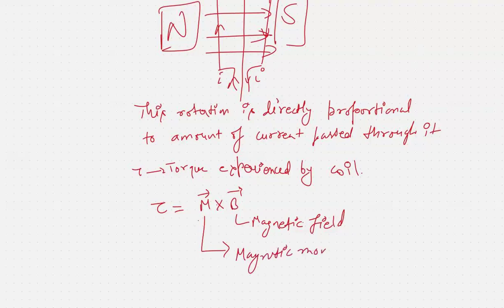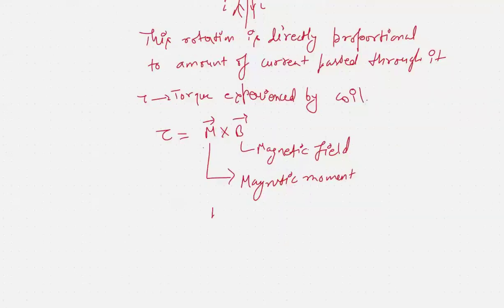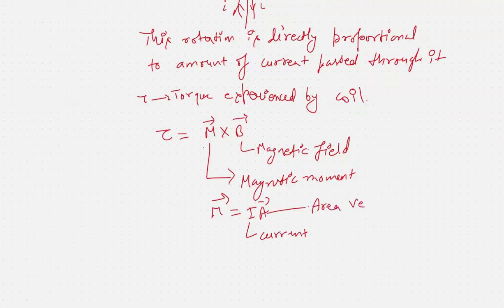Just like we have dipole moment, similarly there's something called magnetic moment. The formula of M is current multiplied by area vector. Even if you don't understand this part, just remember it. There is a lot more discussion in the magnetism chapter.